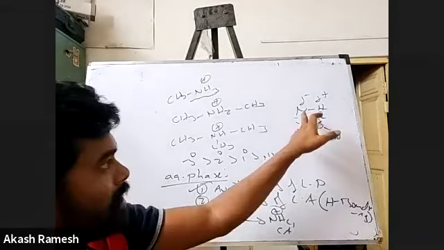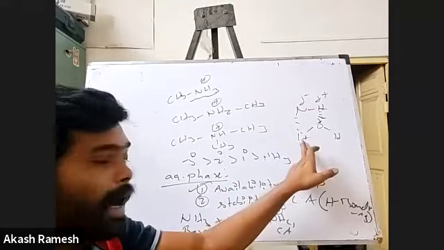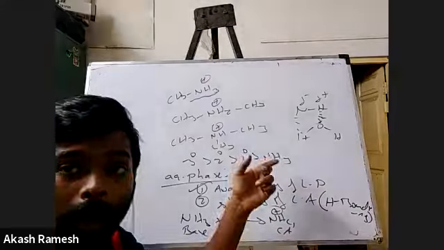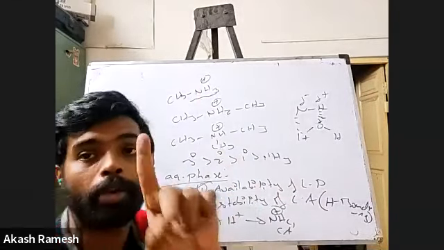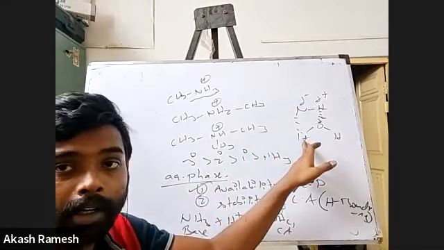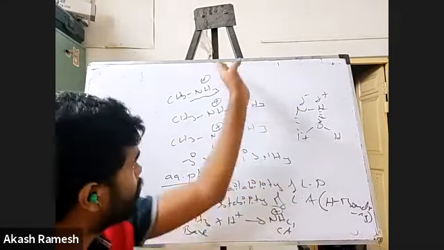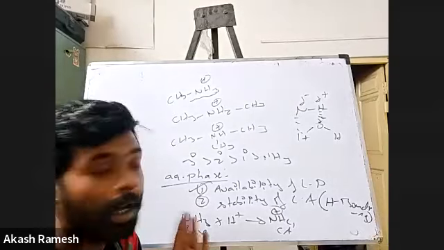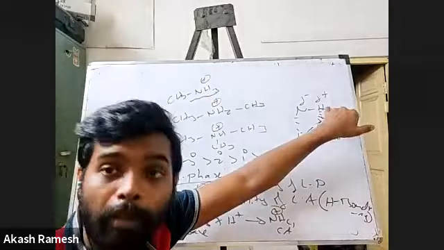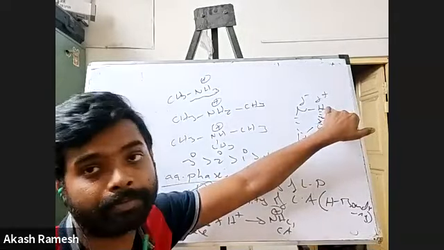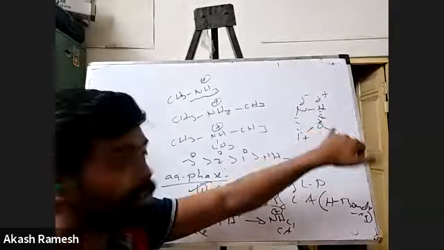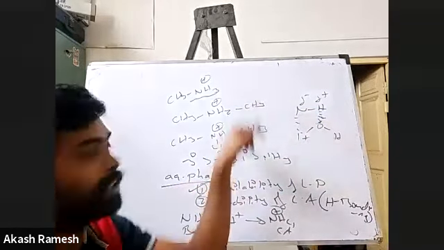But the N with the hydrogen coming from water is going to be the same for all these things, because all these contain only one nitrogen. So one nitrogen with one hydrogen coming from water is common for all three. But hydrogen of the amine and the oxygen of the water will form hydrogen bonds, and that is going to vary among these three.